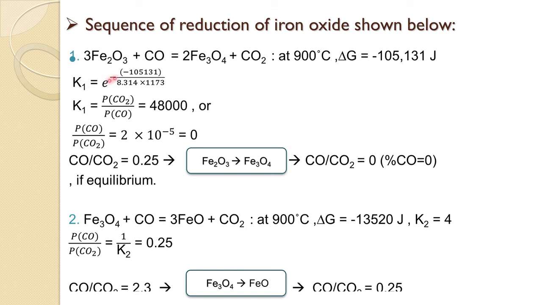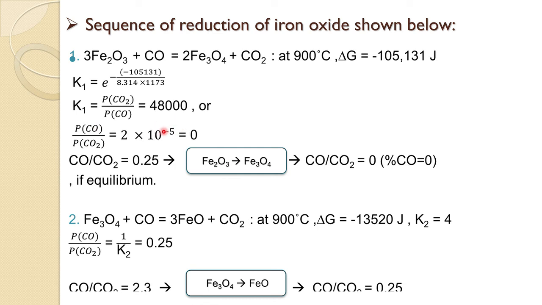So, we can calculate the equilibrium constant at 900 degrees Celsius giving this value. So, which comes equal to 48,000 PCO2 by PCO, partial pressure of CO2, partial pressure of CO, that is the equilibrium constant for this reaction, and in terms of reverse, CO over CO2 is 10 to the power minus 5.